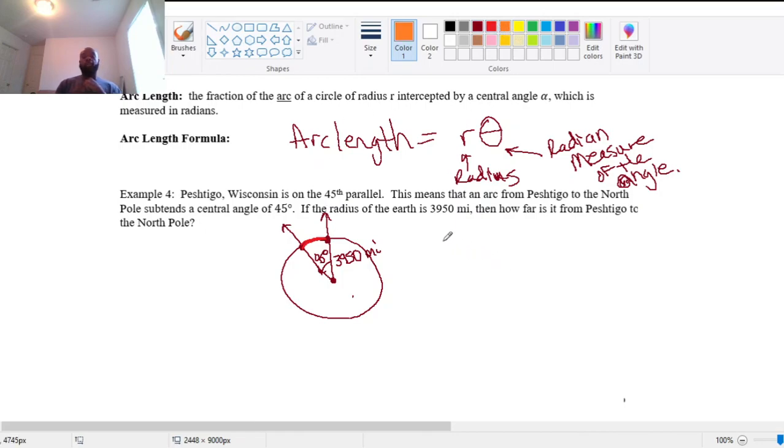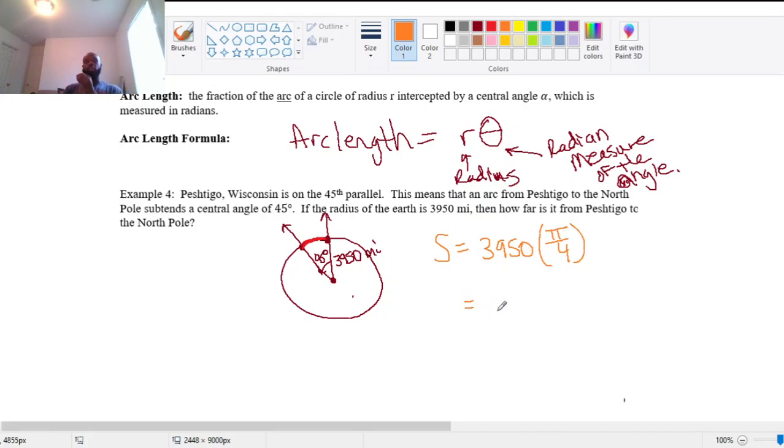And so since our arc length, I'm going to use the variable s. I think that's what your textbook does. It's going to be the radius, which is 3,950, times the radian measure of your angle. Well, your degree measure is 45 degrees. We found that that was pi over 4 radians. And so we have 3,950 miles times pi over 4 radians.